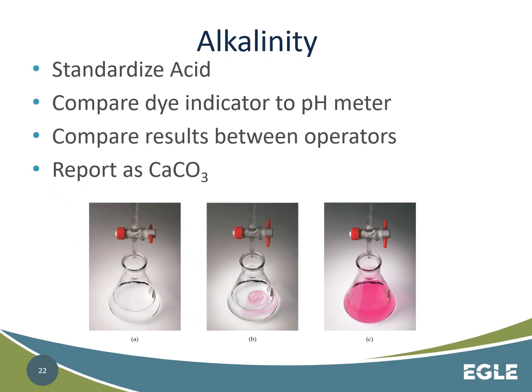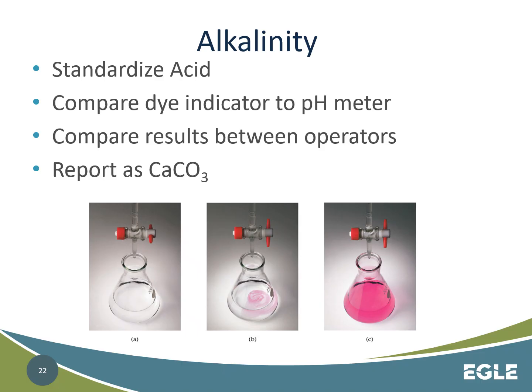So for alkalinity, you have to be using a standardized acid because this allows you to make sure that the concentration remains consistent so you can get an accurate reading when you know how much acid was used. Compare dye indicators to the pH meter. So it's really important to make sure that our dye indicators are working properly and within standard spec.